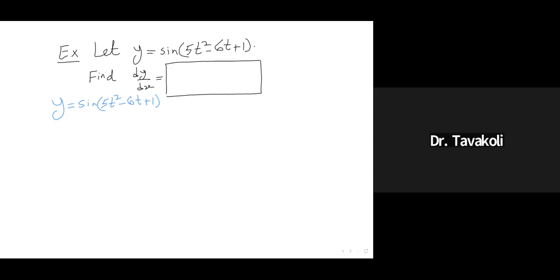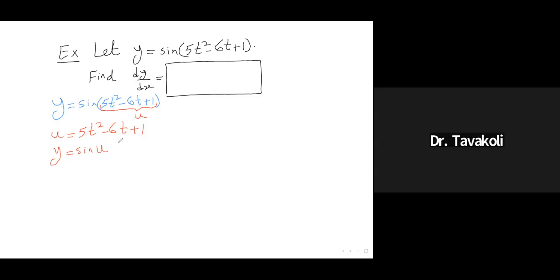So let's take whatever we see inside these parentheses as the new variable u. So u, on one hand, is a function of t because u is 5t squared minus 6t plus 1. But at the same time, y is a sine of u. So u plays two roles.